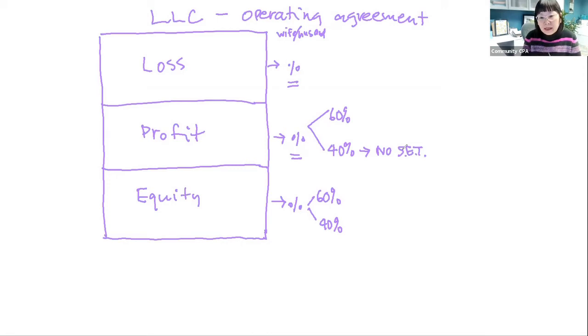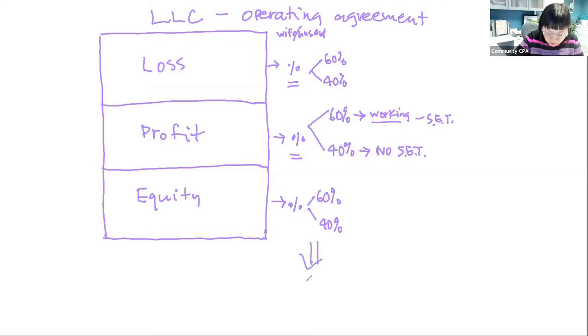I am simply an investor, but he is working in it and he sweats, so his 60% will pay self-employment tax. If it is a loss, fine, 60-40, it's still going to be 100% going into our joint return 1040, right?